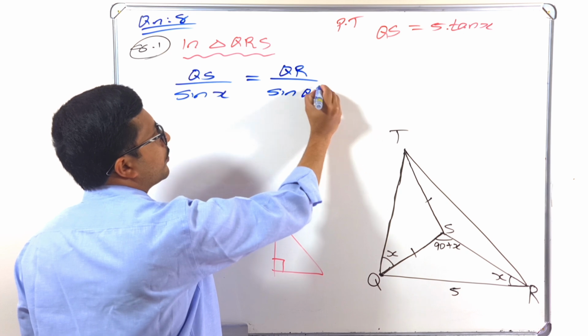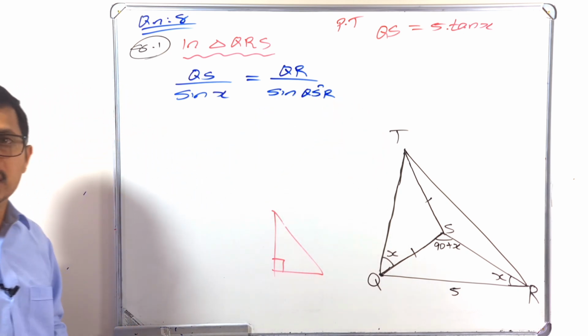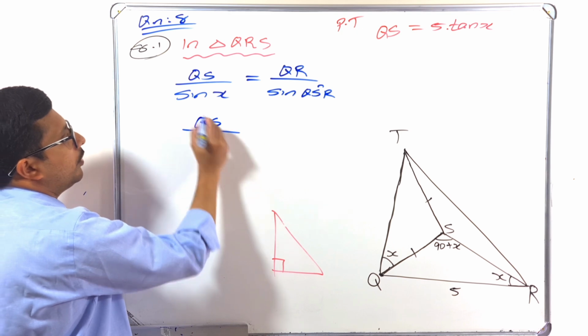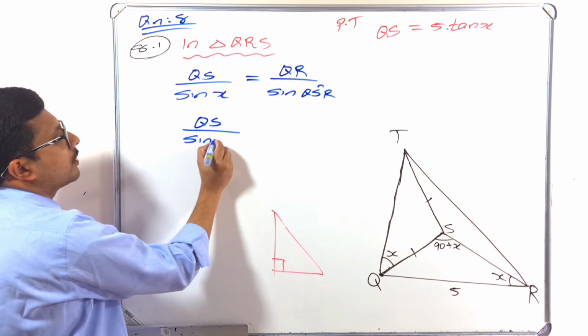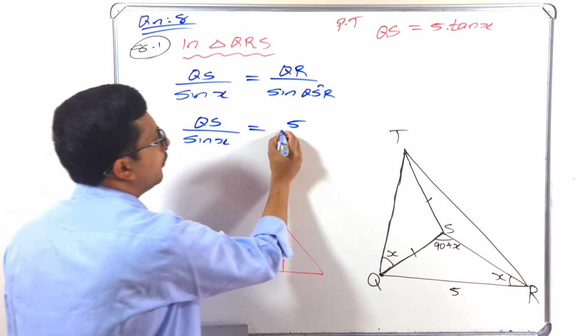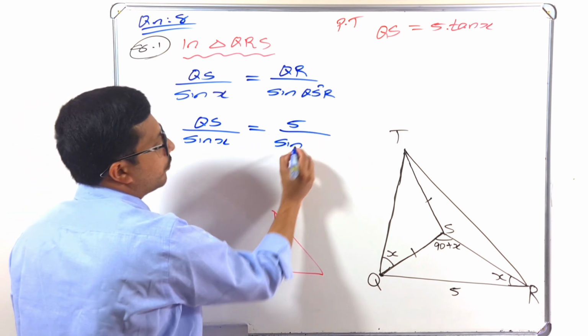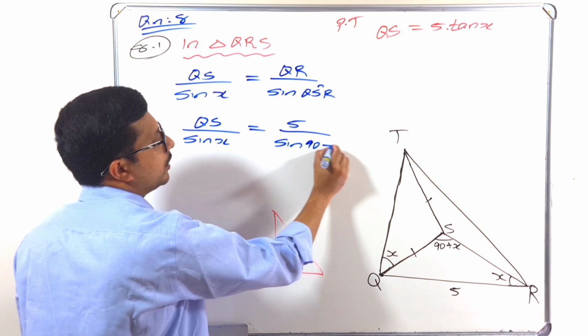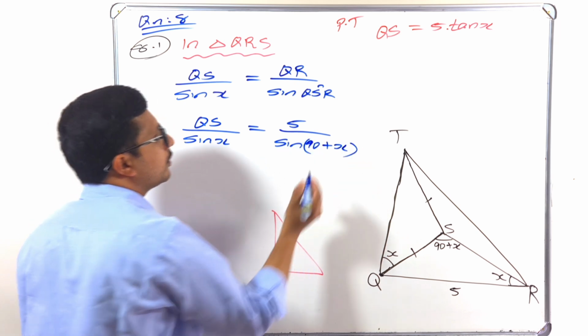Next step we can substitute. So we have to find QS. QS divided by sine x is equal to, what is QR? 5 divided by sine of, what is that angle? 90 plus x.